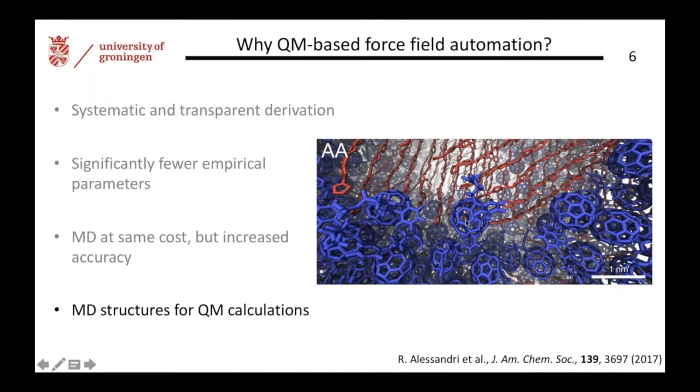And then further QM calculations can be done at these interfaces to determine energy levels and so on. And when this is the case, it is very beneficial that the force field that was used to generate these structures matches the one that will later be used to perform the QM calculations. That agreement tends to be quite important.